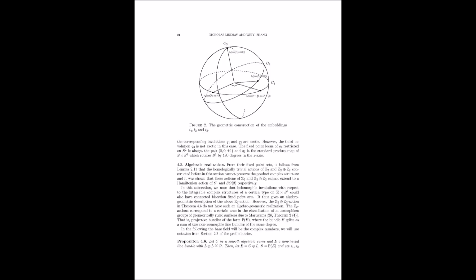And even within irrational ruled manifolds, there's a big distinction between involutions, which are the Z2 actions, and the other cyclic actions, so Z_k actions where k is bigger than 2. If k is bigger than 2, we know that you can always extend a Hamiltonian cyclic action to a circle action, although you might have to change the symplectic form a little bit.